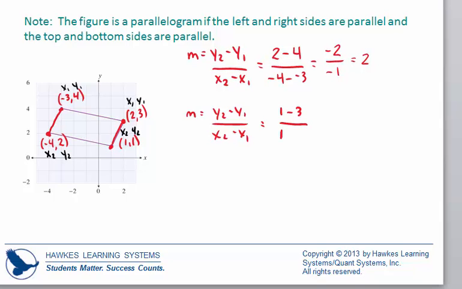For x2, a 1. For x1, a 2. 1 minus 3 is -2. 1 minus 2 is -1. And again, our slope is 2. So these have equal slopes, so those two lines are parallel.